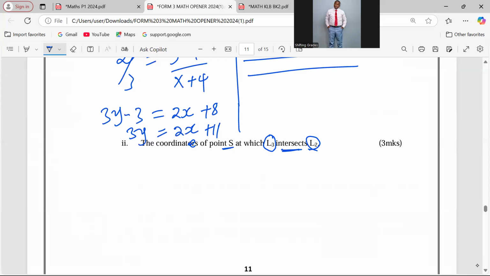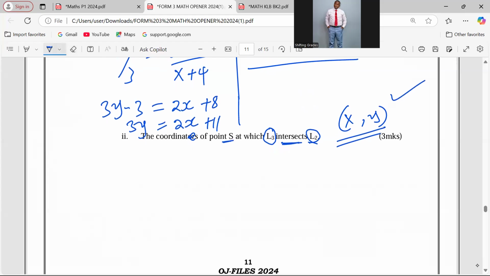In this level now, we are talking of without plotting the lines. The equations are already known, so we can calculate the simultaneous solution. When we get the values of x and y, we write them as a coordinate, and that will imply their point of intersection, because if they were drawn, they would meet at x, y.